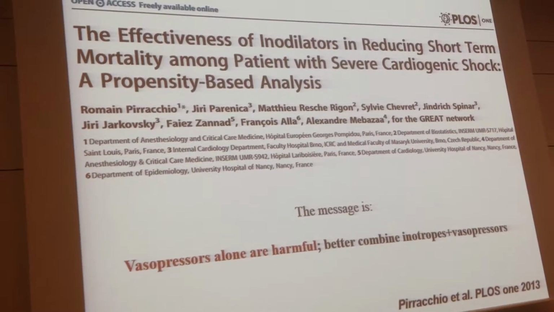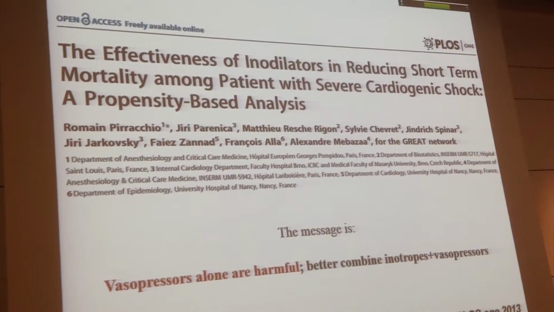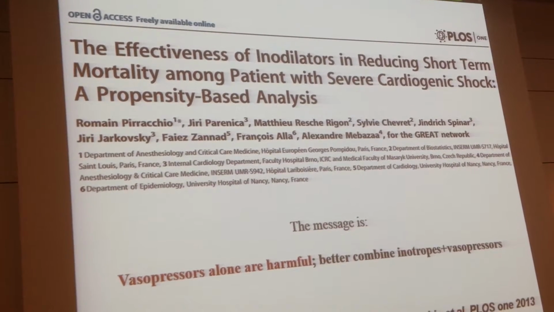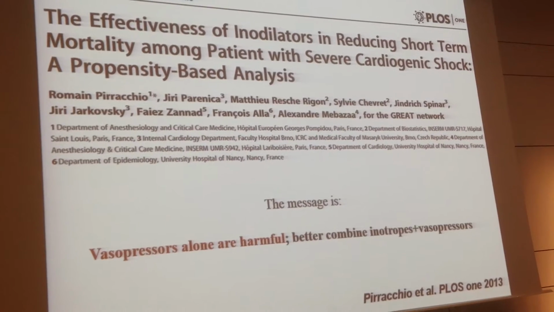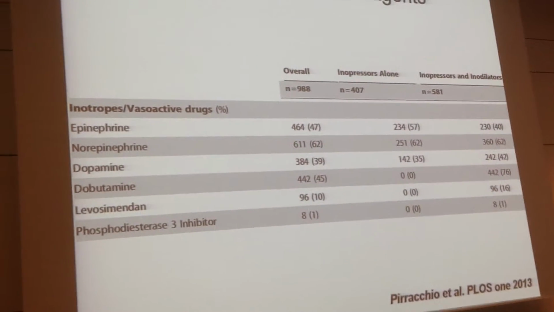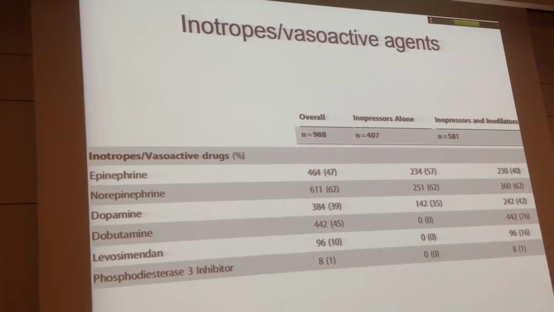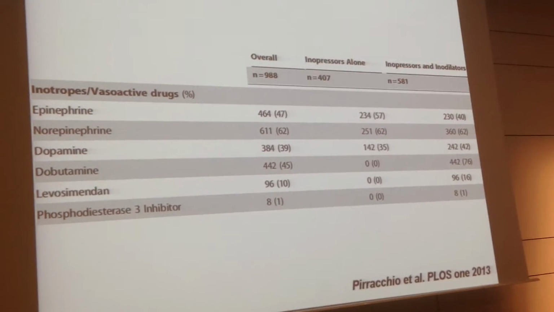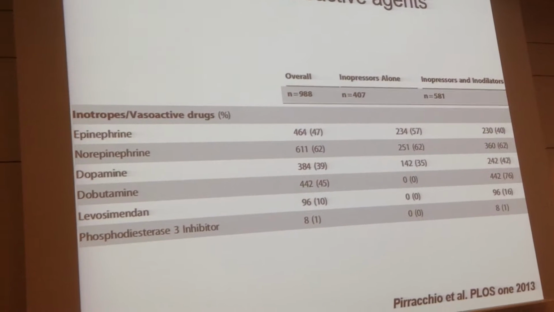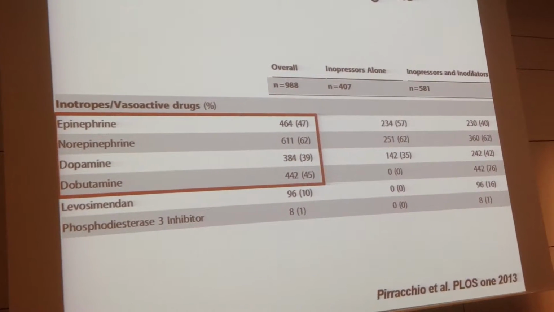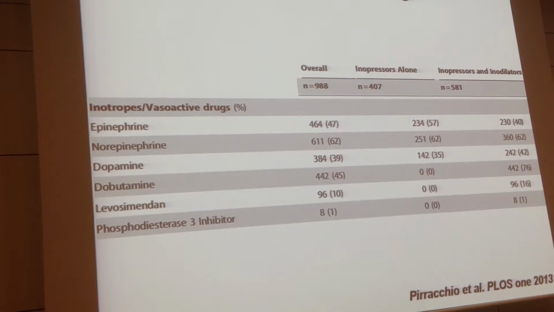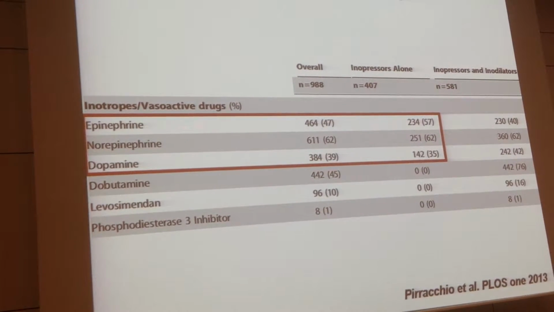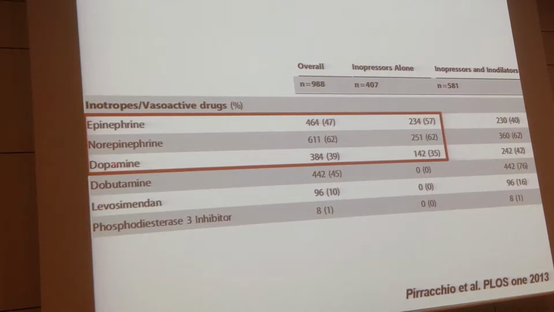In this paper in PLOS, we tried to see how people around the world are using those inotropes and vasopressors in cardiogenic shock. To do this, we took three large databases to combine close to 1,000 cardiogenic shock patients. And we were surprised to see that all around the world, people are using either vasopressors alone, like epinephrine, norepinephrine, and dopamine.